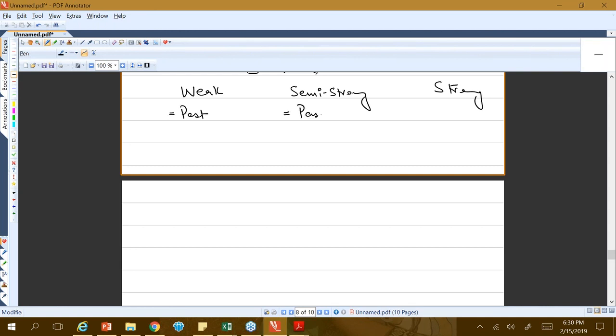Semi-strong has past plus the published information. And the strong form has the past, published, and the private information. But care must be taken that you're not taking this information to make any use of for any personal gains.